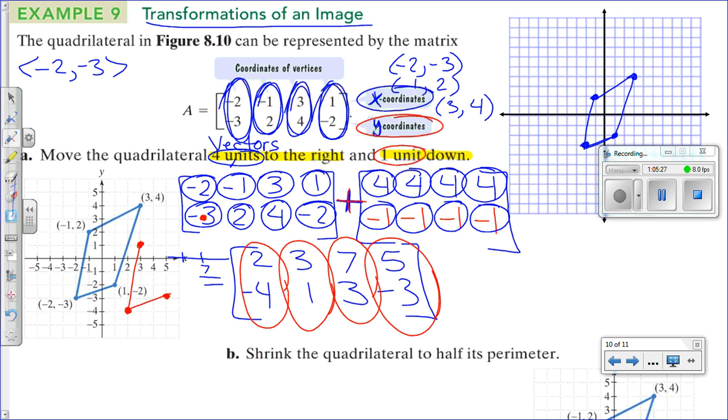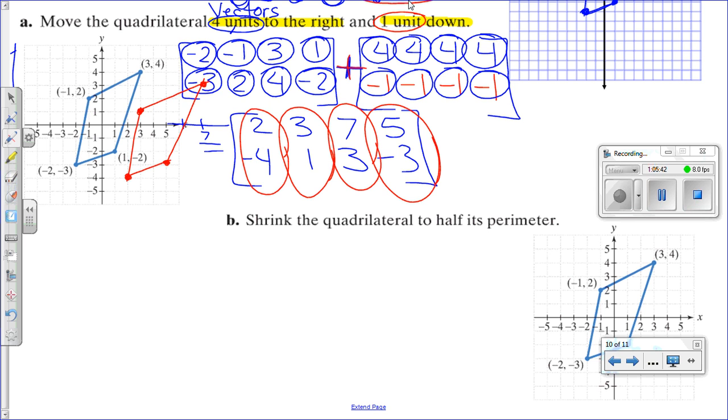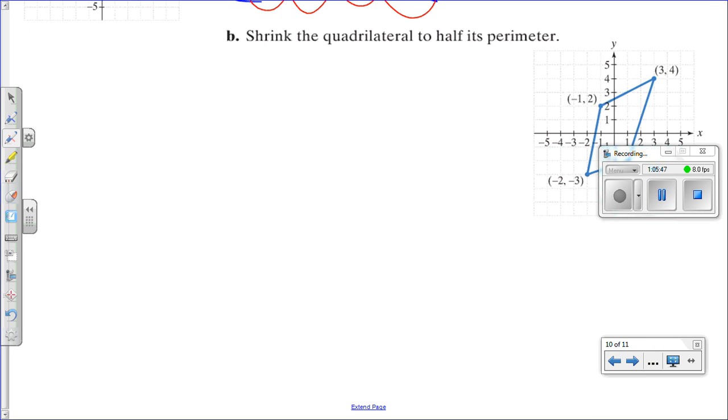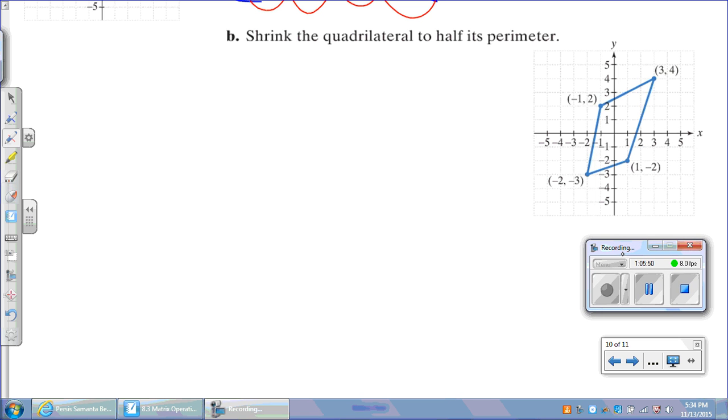We connect them. And we have the image translated 4 units to the right and 1 unit down. So some people actually work by doing things like that in animation, of course with more complex shapes, or also mathematicians who work with linear algebra, or physicists that work with vectors.